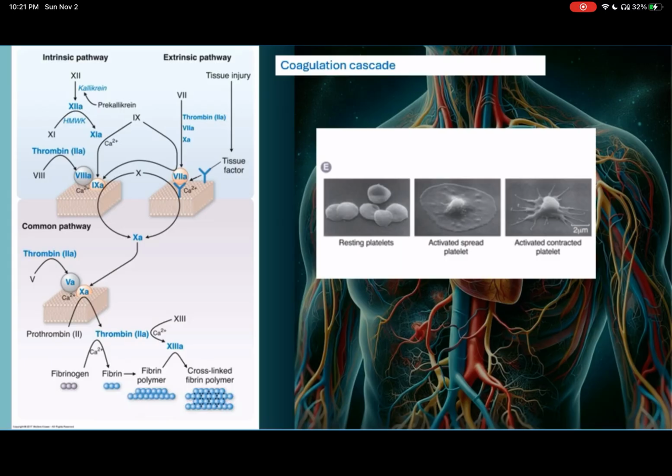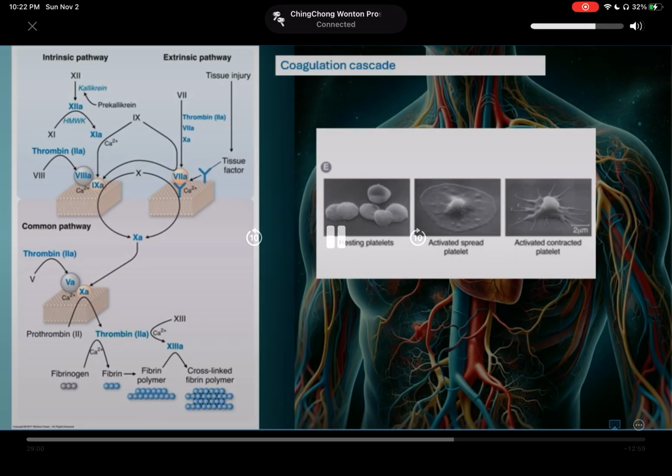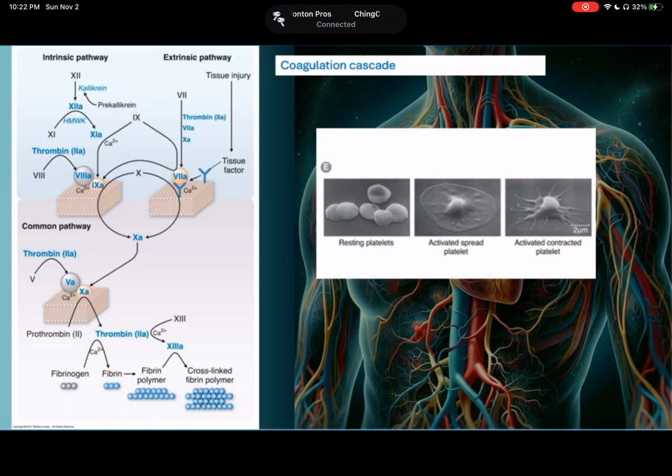Phosphatidylserine, which is normally sequestered in the inner leaflet of the plasma membrane, translocates to the outer leaflet of the membrane in response to agonist stimulation of platelets, endothelial cells, or leukocytes.